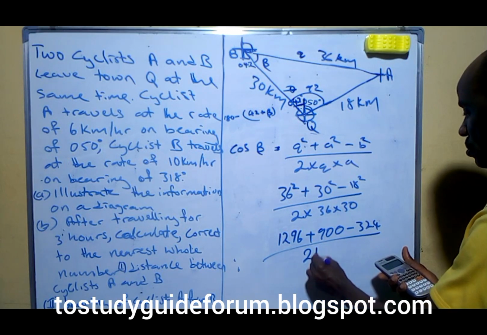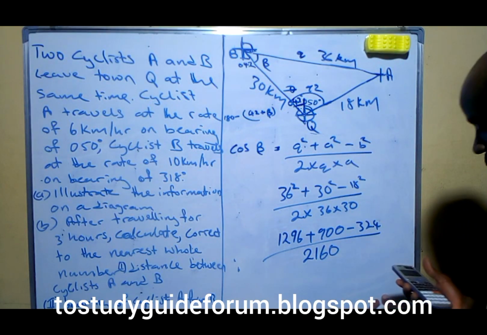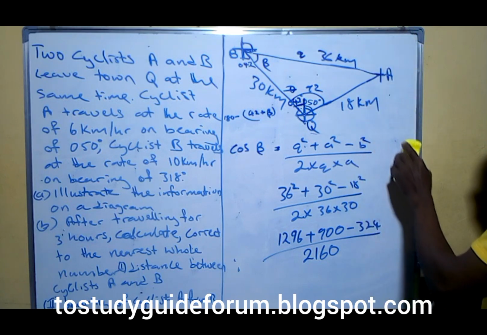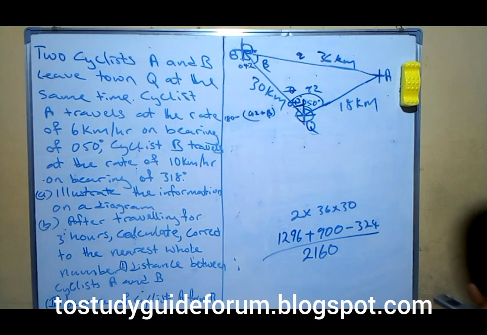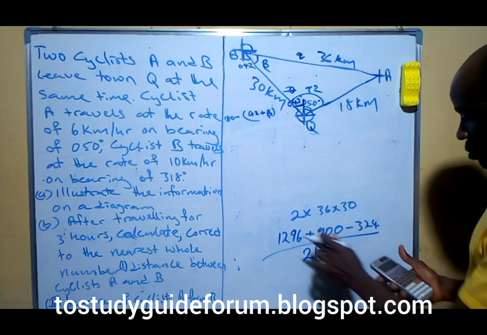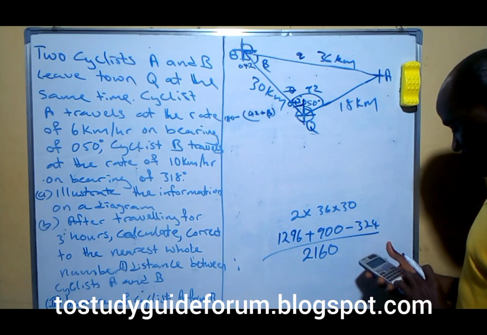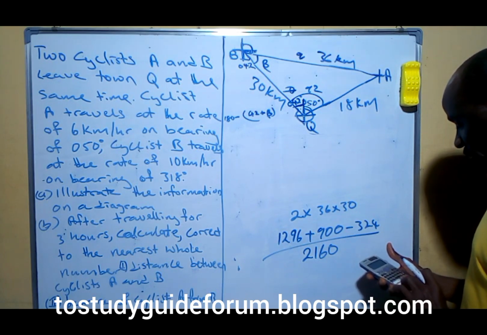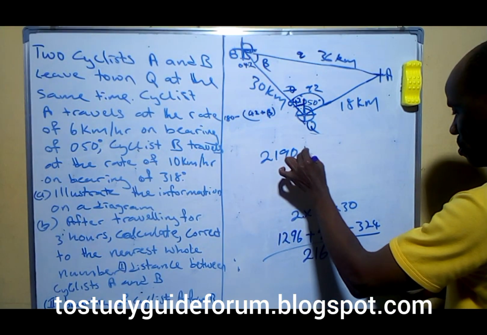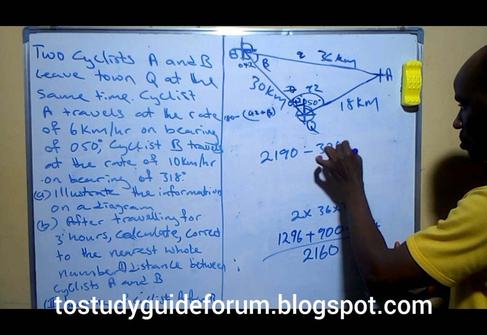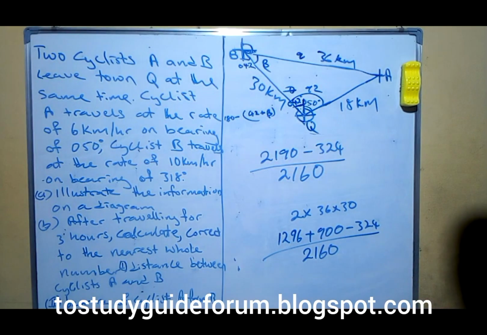That will give us 1296 plus 900, minus 324, all over 2160.